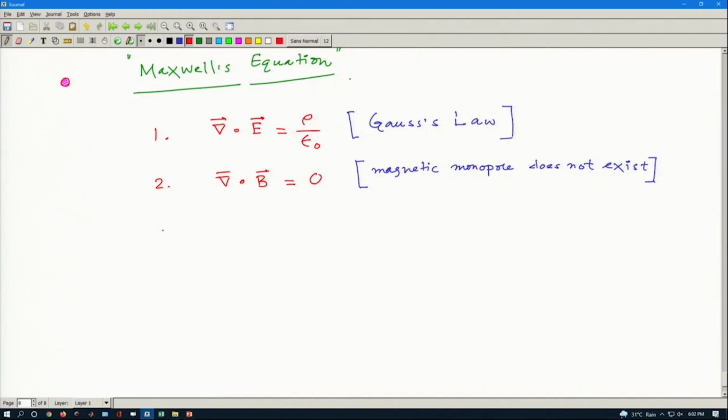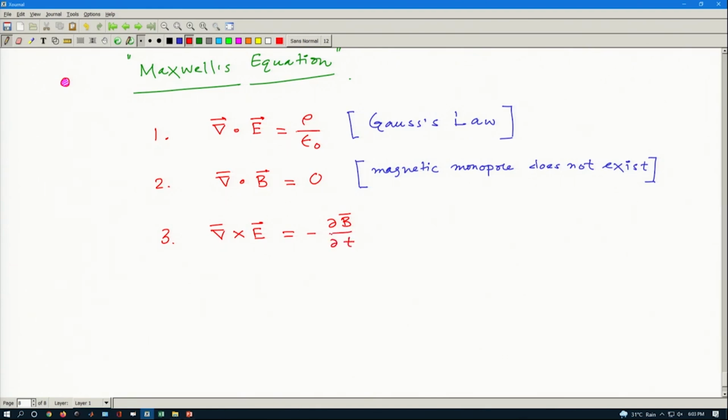Then we have the third equation, curl of E is equal to minus del B del T. That is our Faraday's law.